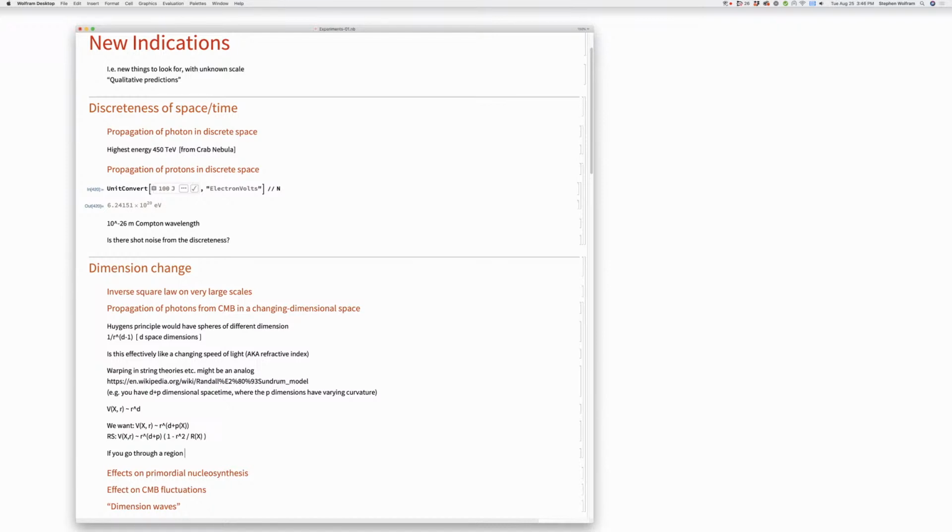If you go through a region of differing dimension, geodesics, aka rays, will diverge or converge. Right? That's the nature of that. So the point is that what we're saying is the rays in three-dimensional space. Imagine that you have a point at the origin.